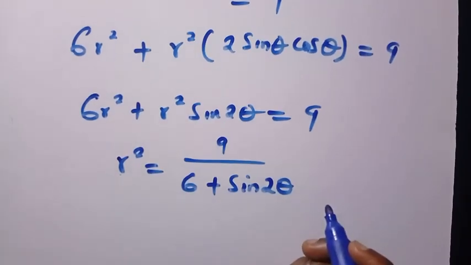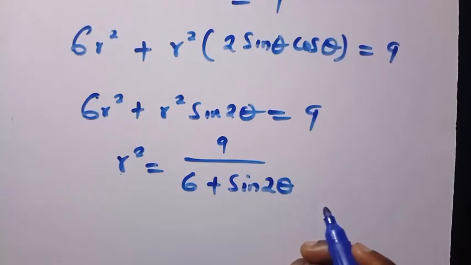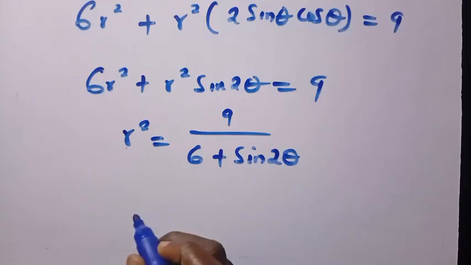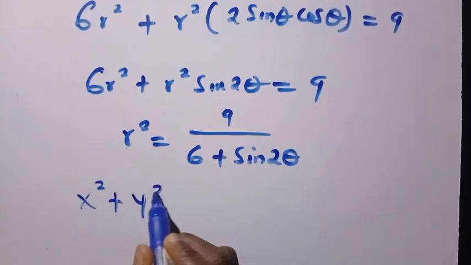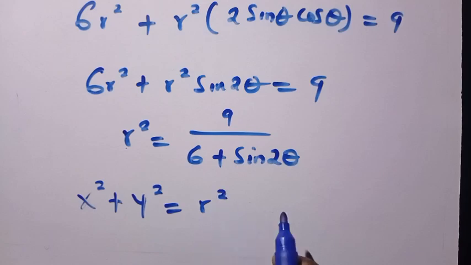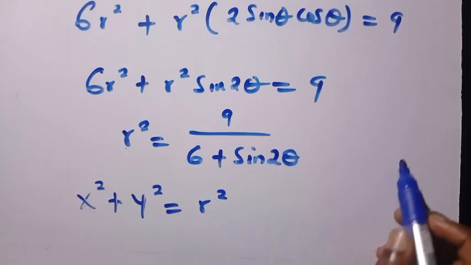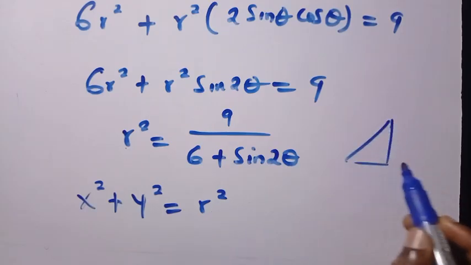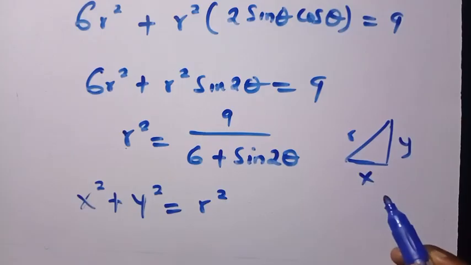The next thing is to get the maximum of x squared plus y squared. When you recall from the Pythagoras theorem, x squared plus y squared equals r squared. We draw this triangle, call this r, call this y, and call this x.